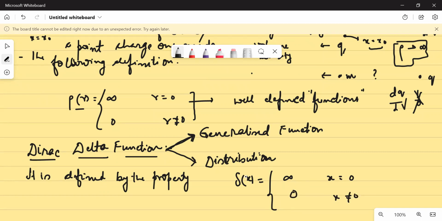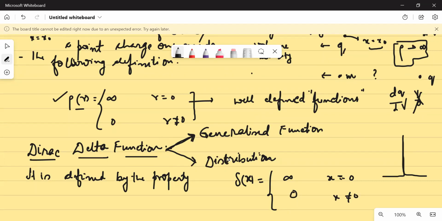So for example, if I'm writing the argument as x here, I will write infinite at x equal to 0, I have an infinite distribution. Like I said earlier, if I have to define the volume charge density of a charge, then this Dirac delta function will serve that purpose, because the volume charge density of a charge can be written with the help of the Dirac delta function.